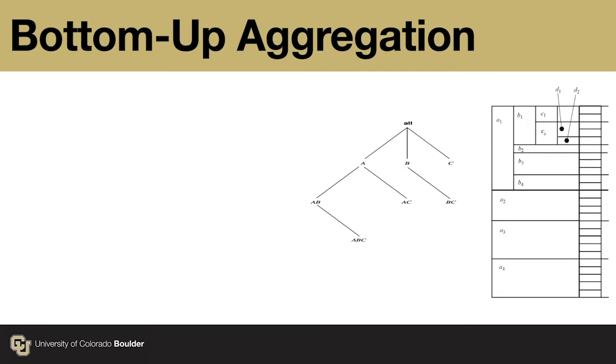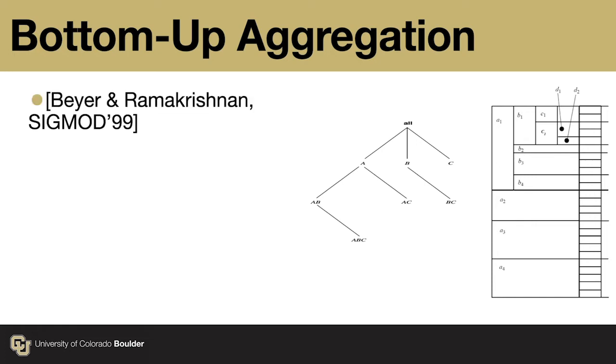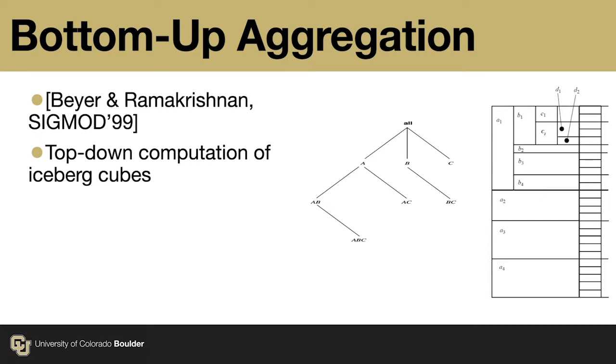And the other way, which counters the inefficiency of the multi-way aggregation, is the bottom-up aggregation. The name is actually confusing, and I totally understand that. The name was just given by the authors. It is actually a top-down computation of iceberg cubes.